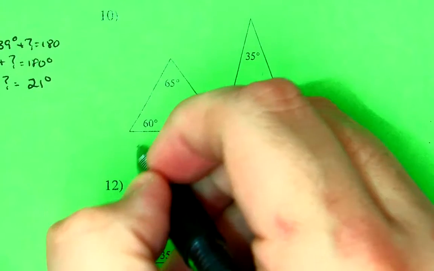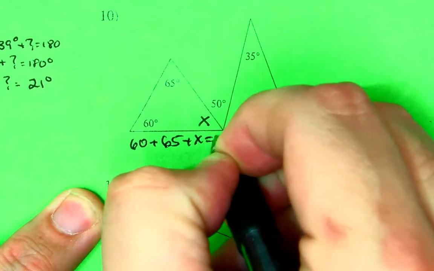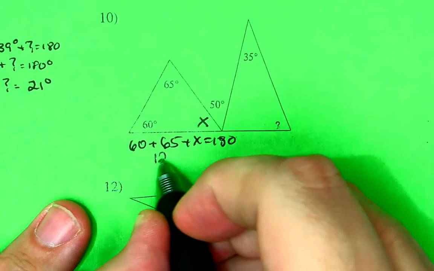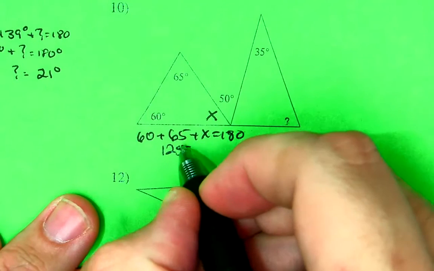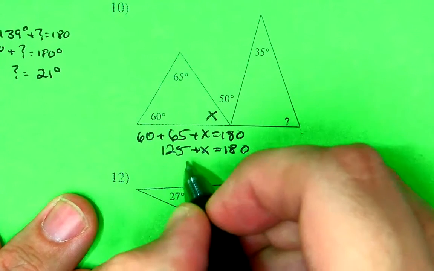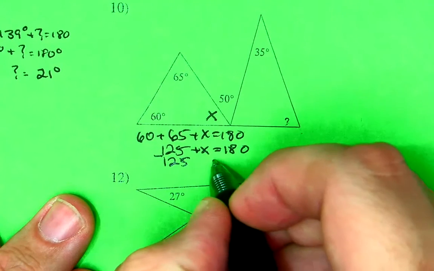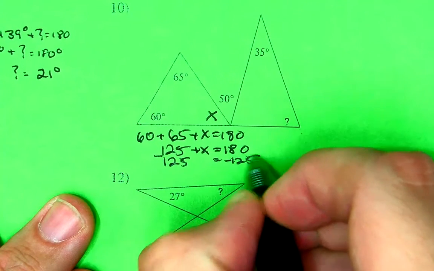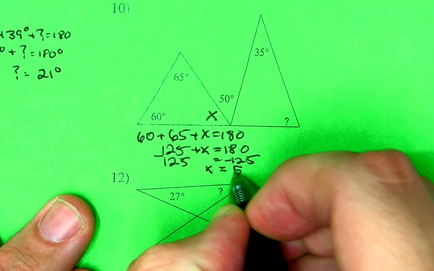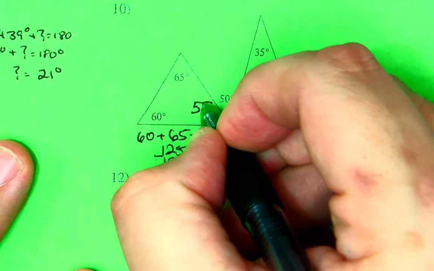So I need to set up 60 plus 65 plus x is equal to 180 for my triangle sum theorem. So this is 125 plus x is equal to 180. Subtract 125 from both sides. x is equal to 55. So now this is 55 degrees.